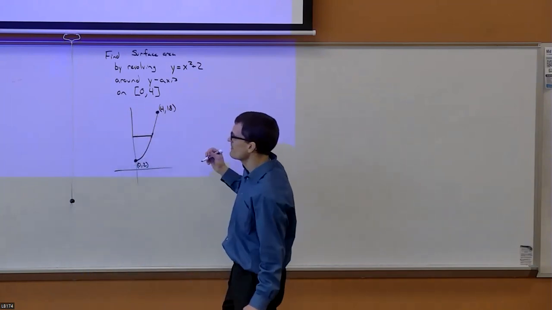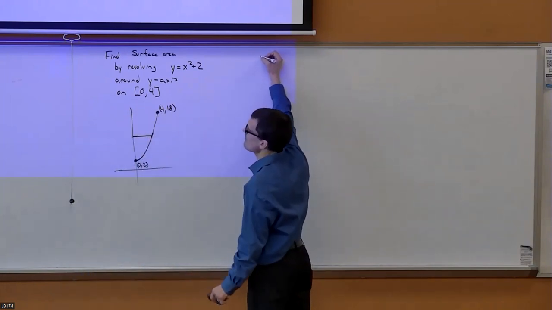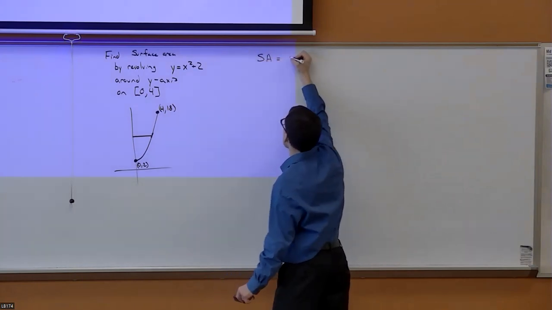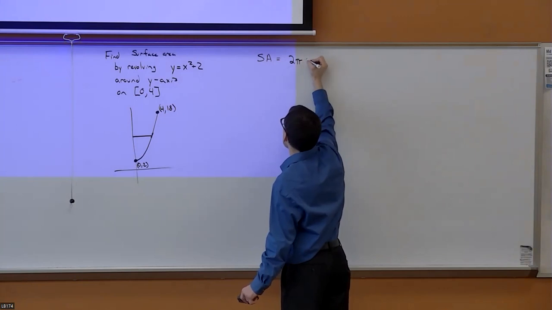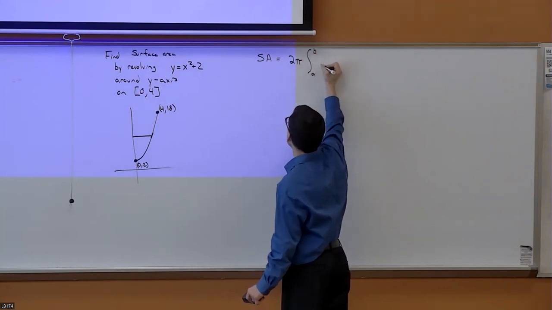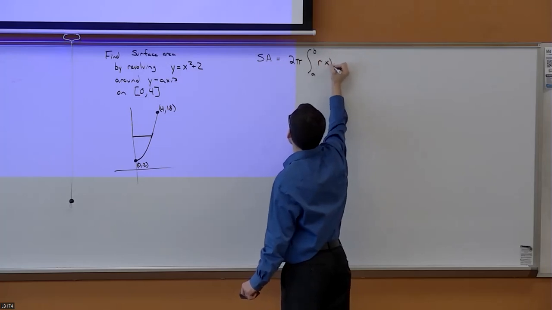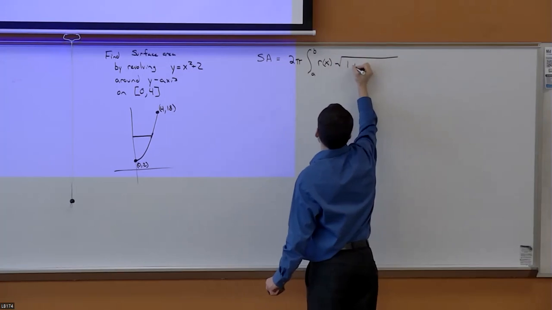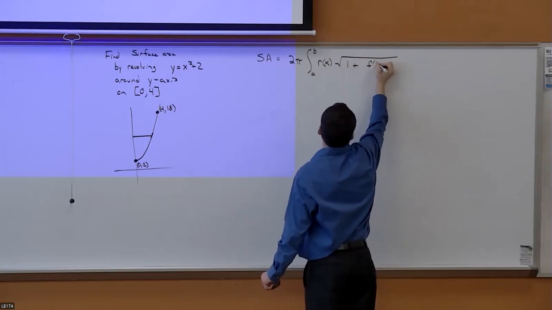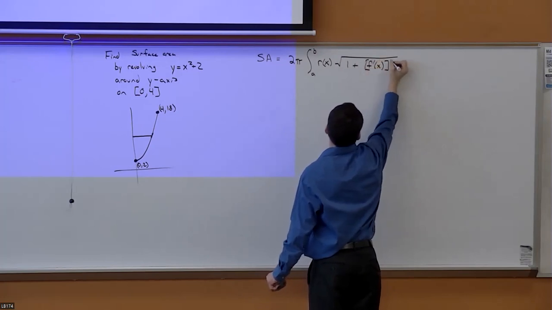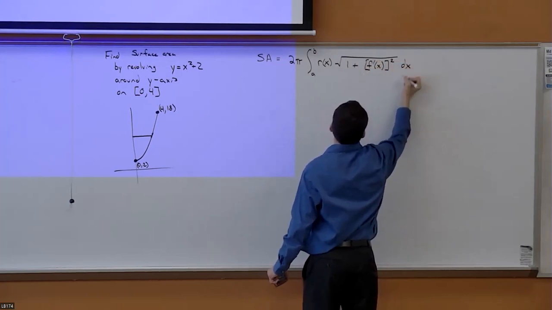This time, let's say we want to actually integrate with respect to x. So I'm doing the exact same problem, but now I'm going to be integrating with respect to x.